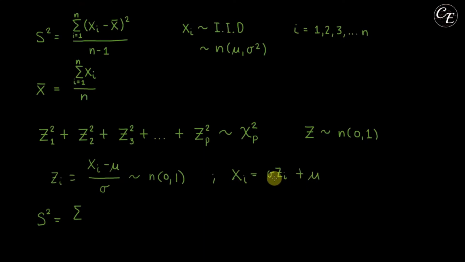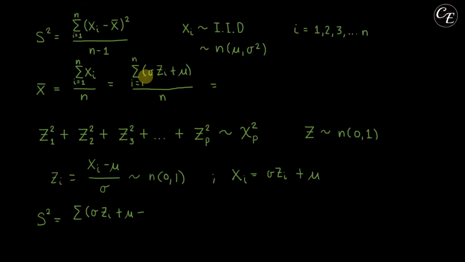Then we use this in place of x sub i, so we have sigma z sub i plus mu, minus our sample mean, which is this one. So let us convert the x sub i's in it, so we have the summation of, for x sub i, sigma z sub i plus mu, from i equals 1 until n, then over n.